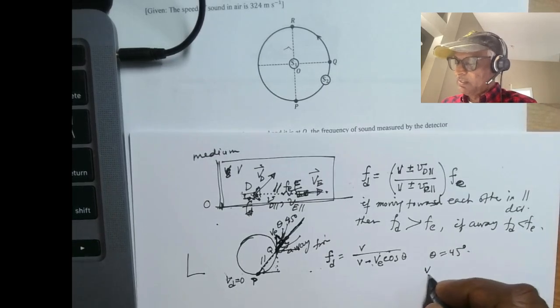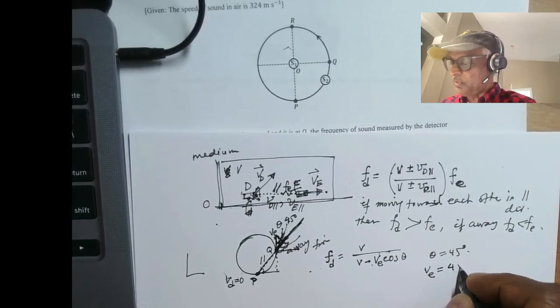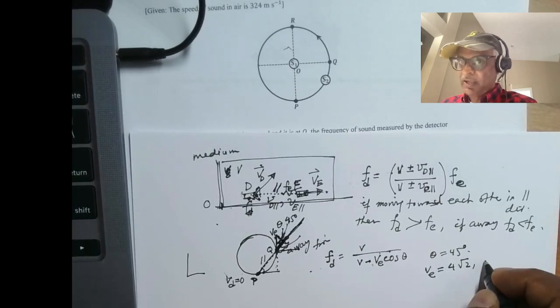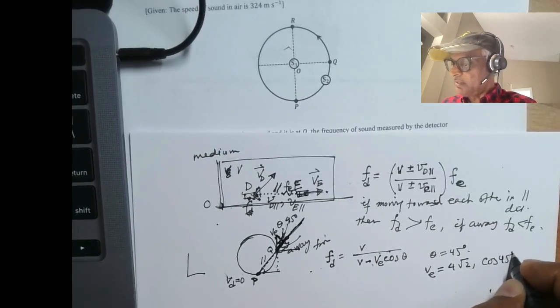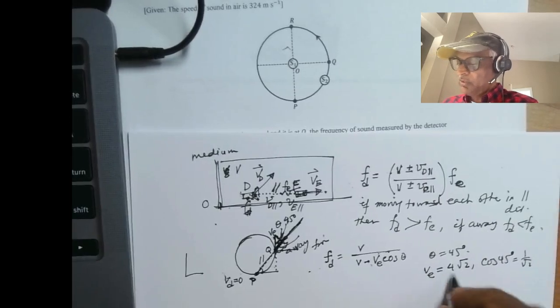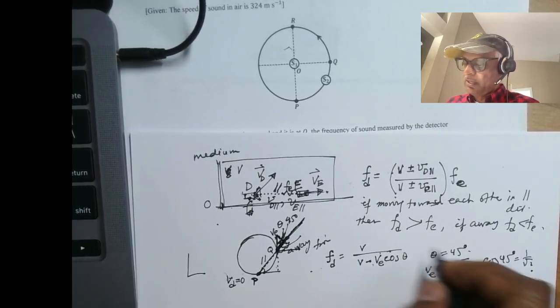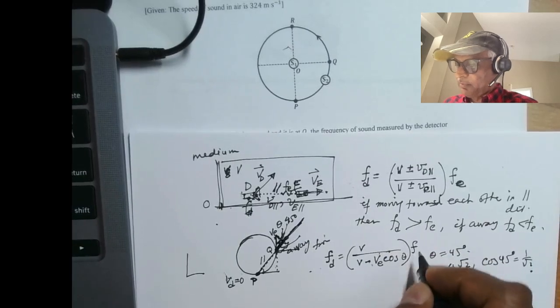What's given is the speed v_E as 4 square root 2, and cosine 45 degrees is 1 over square root 2. So these will cancel out, right? And emitter.